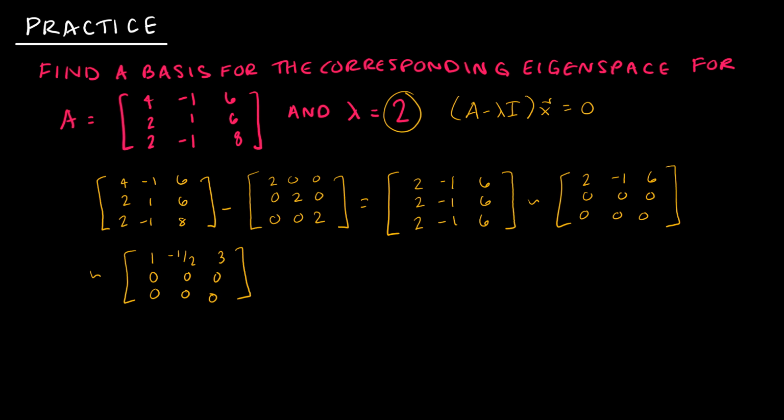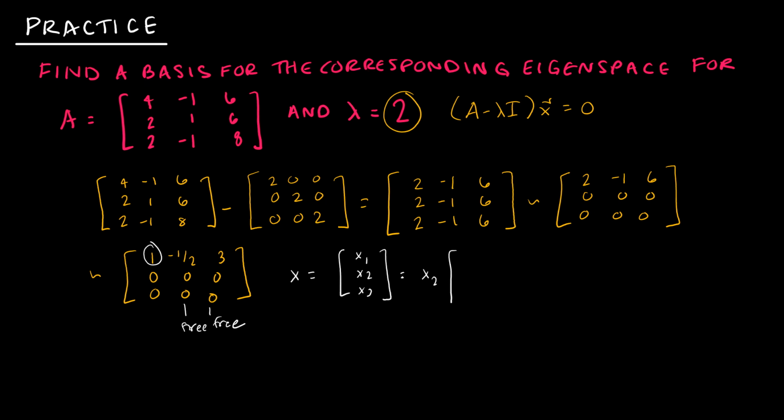Which means, of course, that I can write this as x1, x2, x3, where my free variables are x2 and x3.